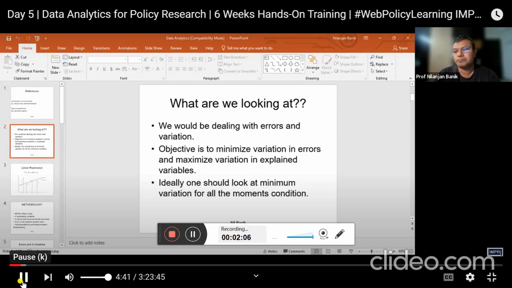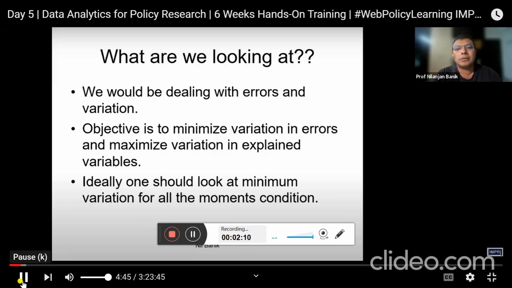So what we did in the previous class, I'm going to carry forward that discussion so that each one of you knows exactly what is happening. We were doing a few things. First, we were dealing with the error terms. What is the error?